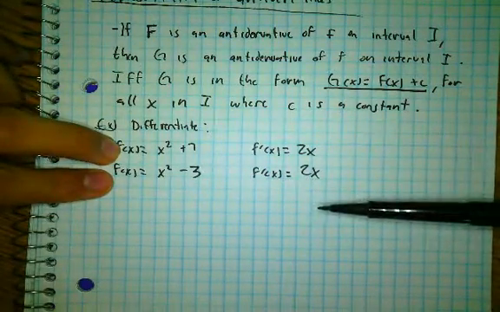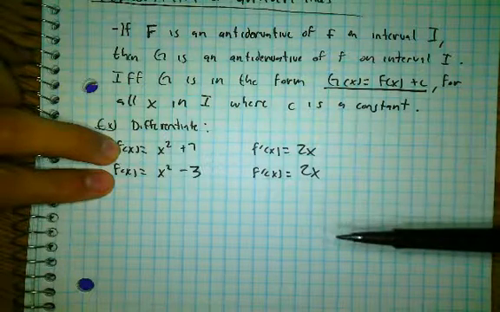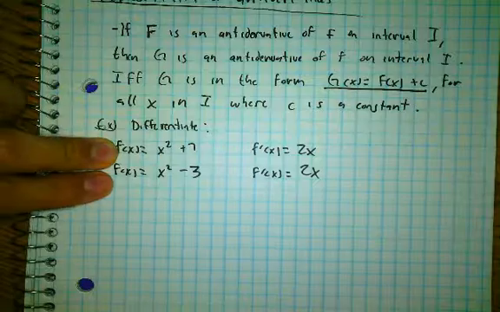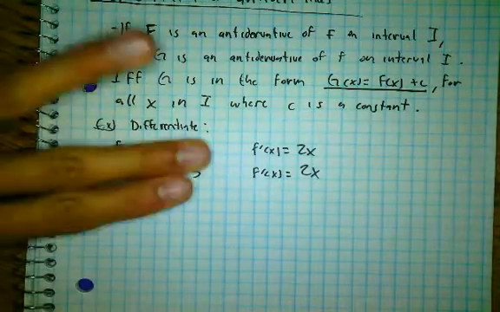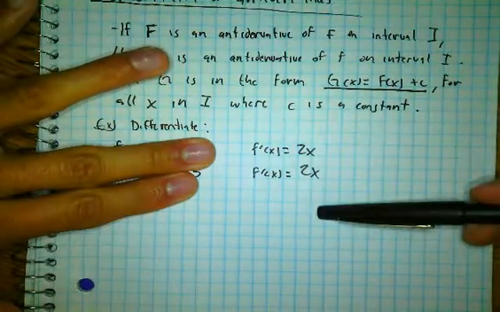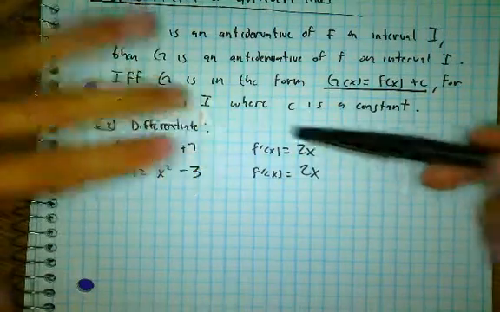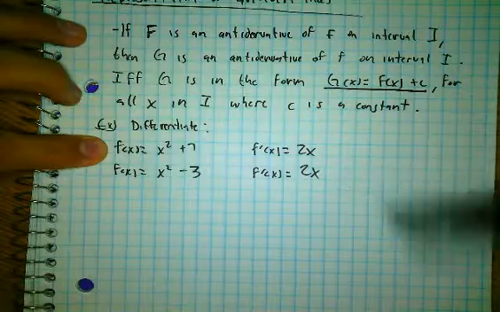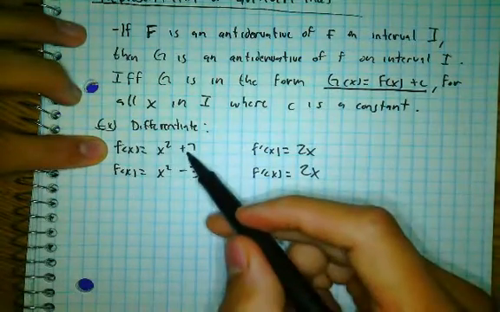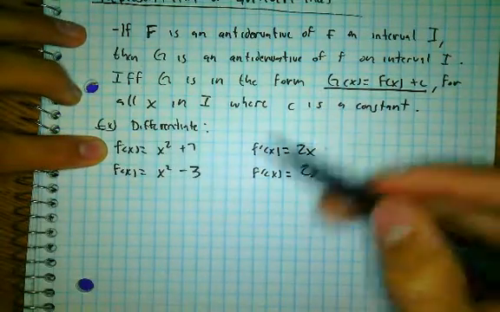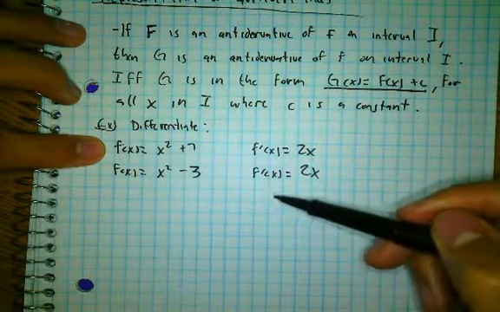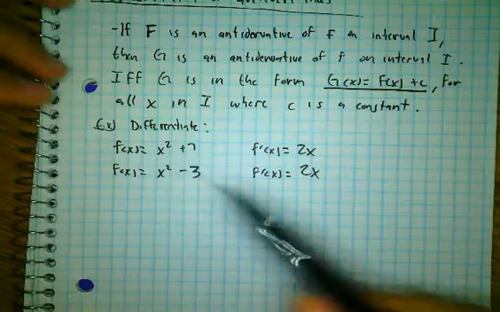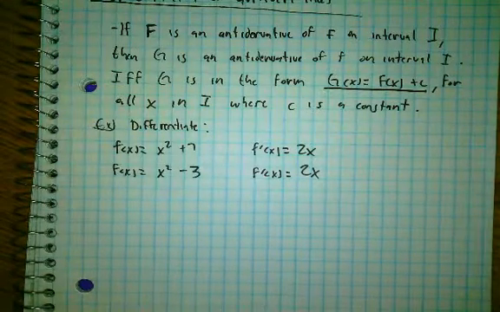So then the question becomes, when you are going to anti-differentiate, you're not going to have this. They're going to give you this, and they're going to ask you to go back to this. You don't really know whether you had a plus 7 or a minus 3 given just this information. You will be able to get the x squared part, but that constant, without any other information, is not really possible to find.